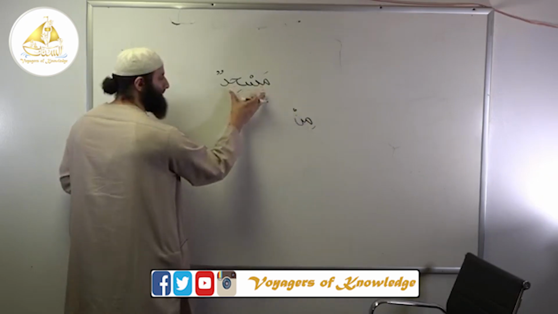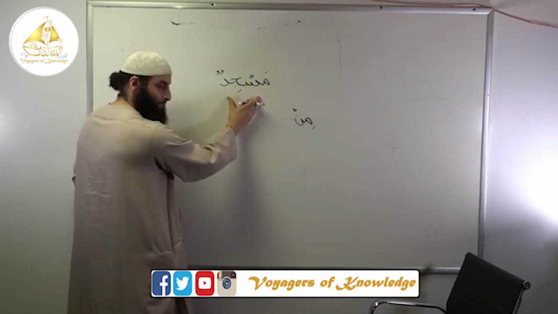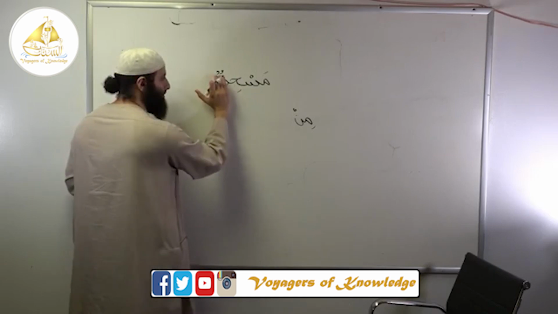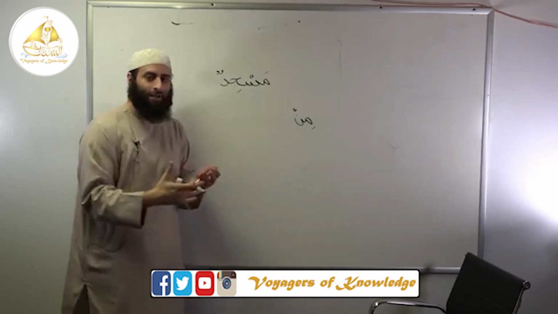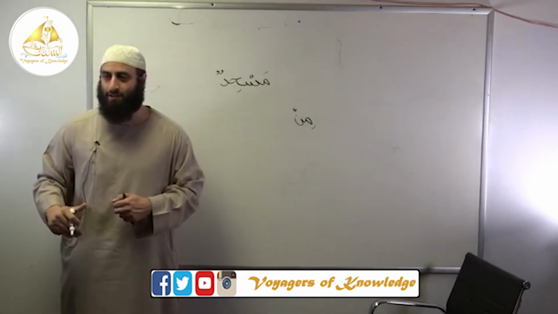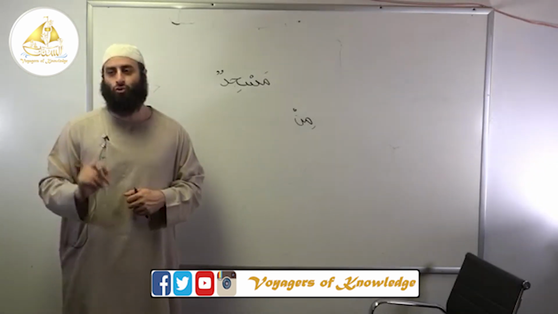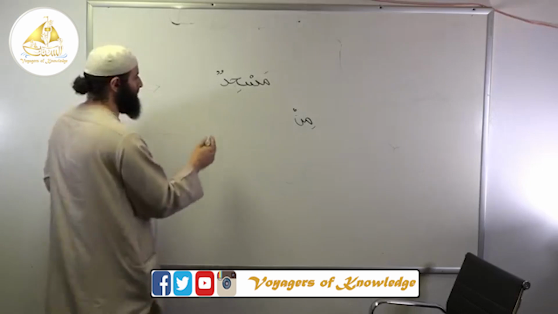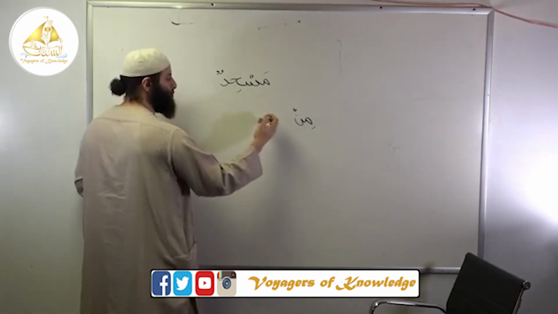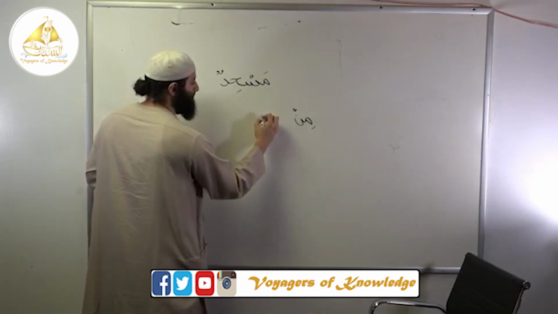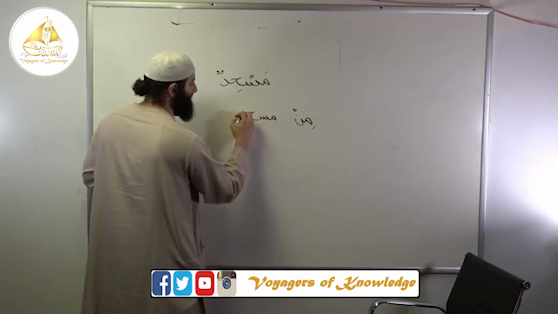If it comes in front of a noun, it's going to make this word have kasratain. And when it becomes kasratain, what do we call that state? Majroor. Yeah. It's called ism majroor, a noun that is majroor. So I'm going to say masjidin.